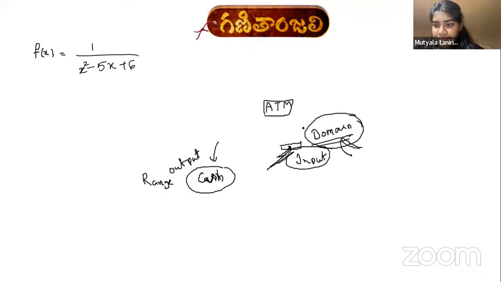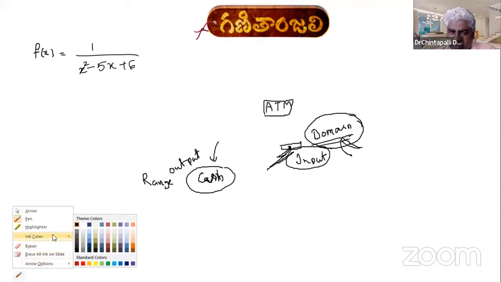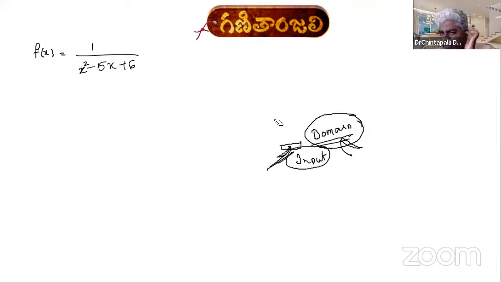In general language, domain is nothing but its inputs. Some are accepted, some are not accepted. To find the domain means what are accepted, what are not accepted. Domain of a function is nothing but which values of x are accepted, which values of x are not accepted.